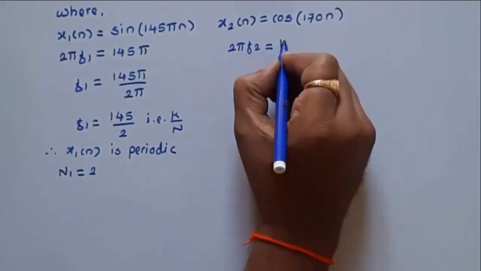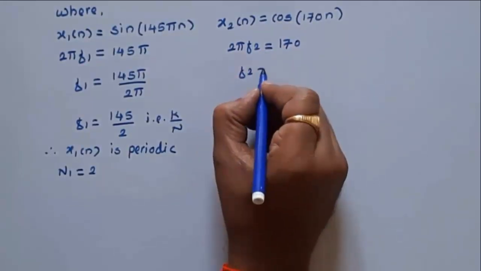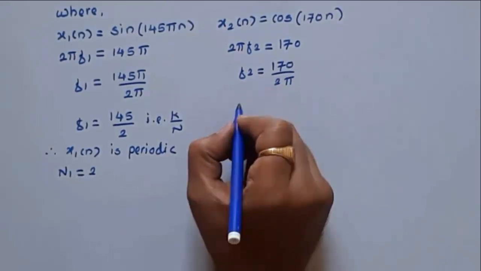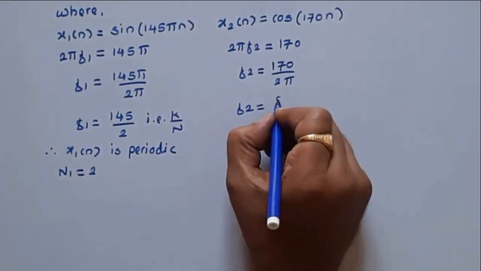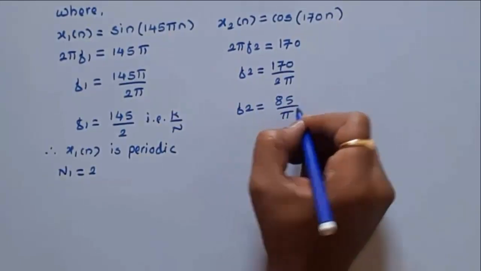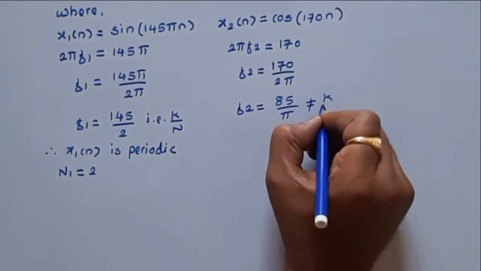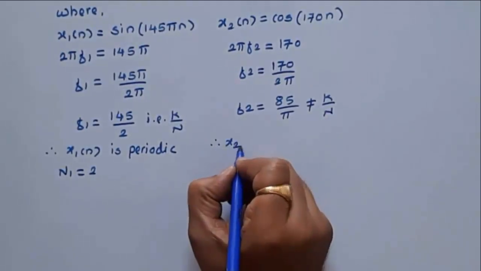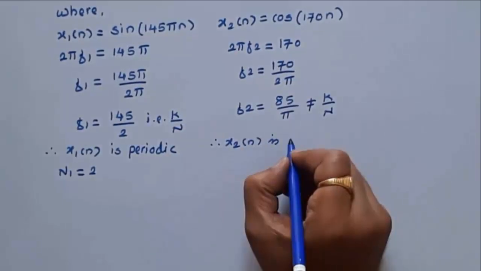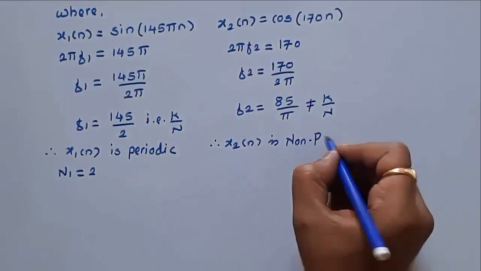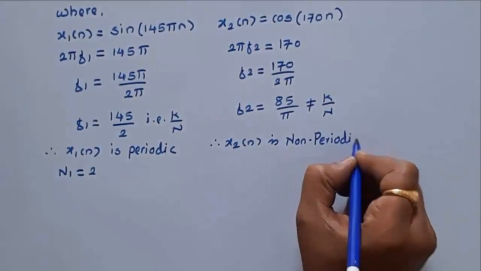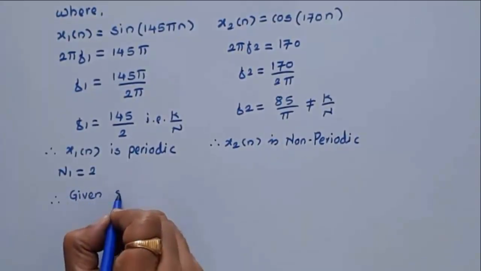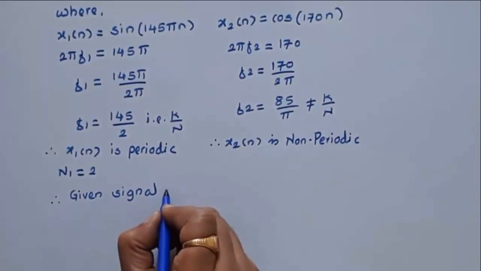Similarly, for x2 of n, 2 pi f2 is equal to 170. Simplifying for f2, we'll get 85 upon pi, which is not a ratio of integers k by N. Therefore, x2 of n is a non-periodic signal. Hence, the given signal x of n is a non-periodic signal.